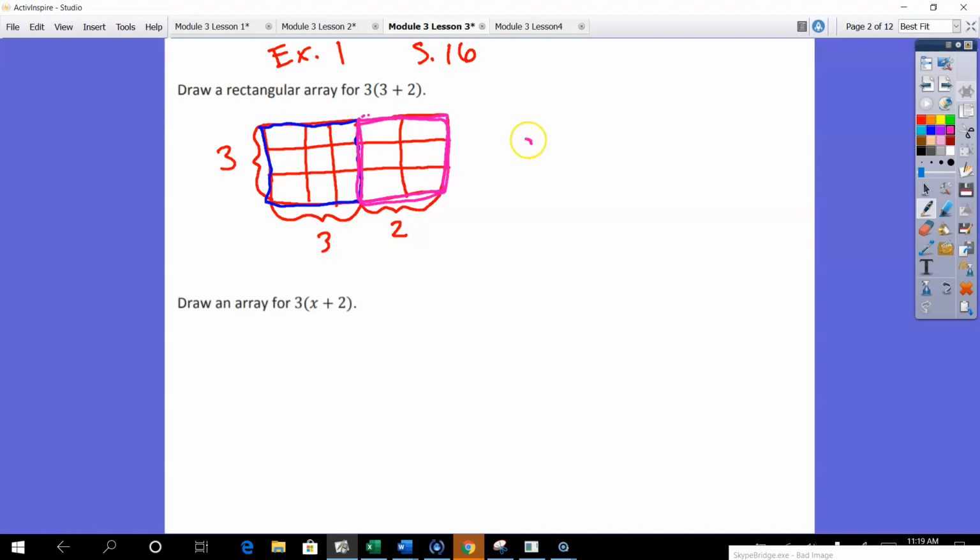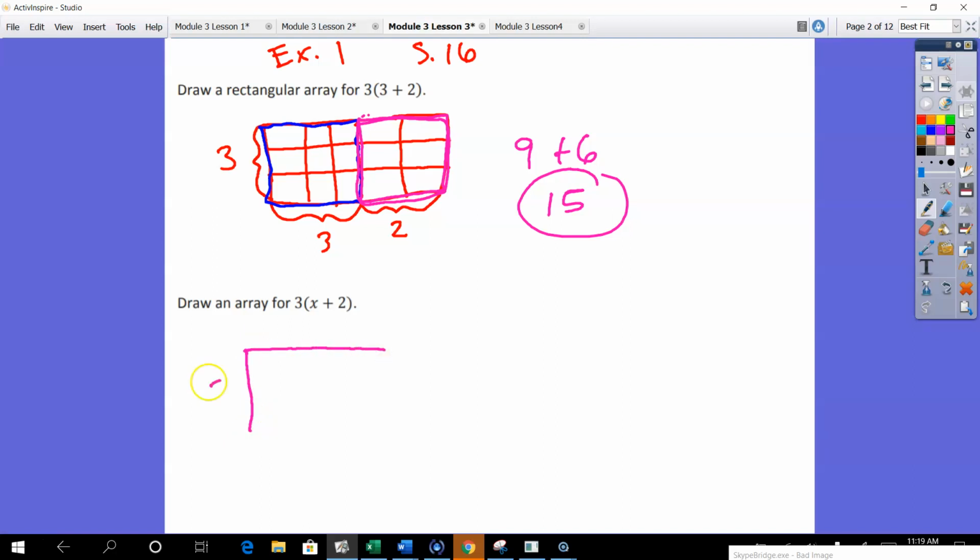So together we have 9 plus 6, which gives me 15. So our answer on that one would have been 15. Okay, that was equal to 15, but we're currently just showing it to represent it. Okay, so we're going to do another one.